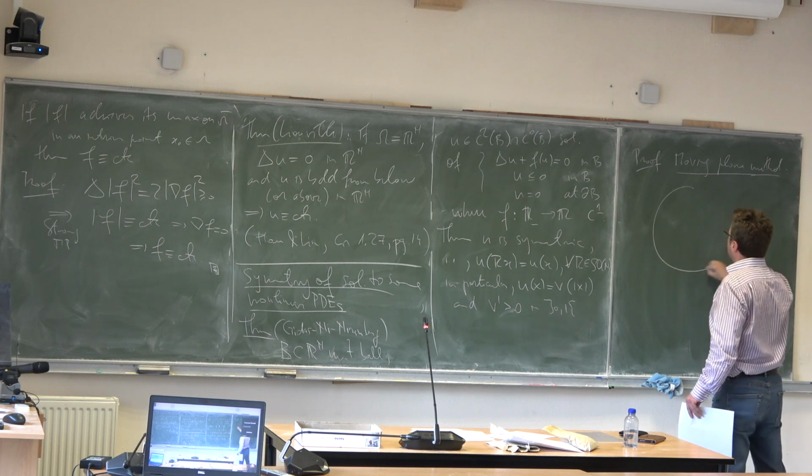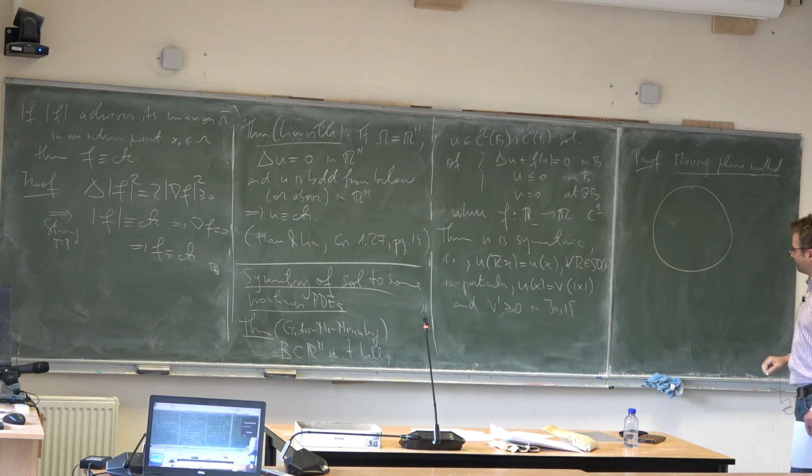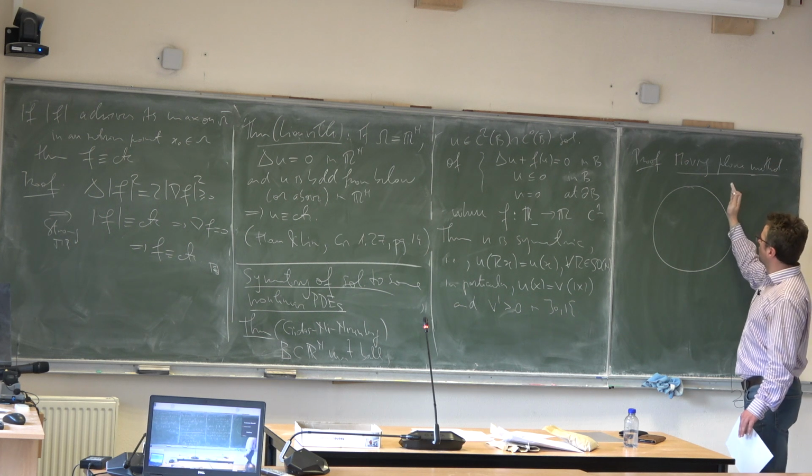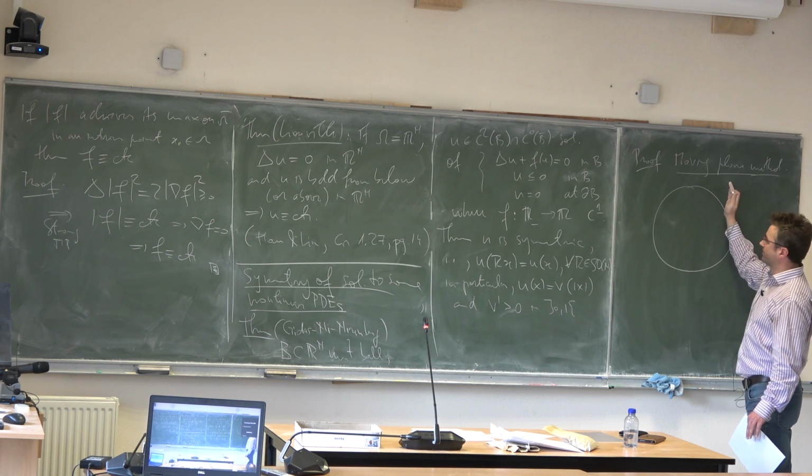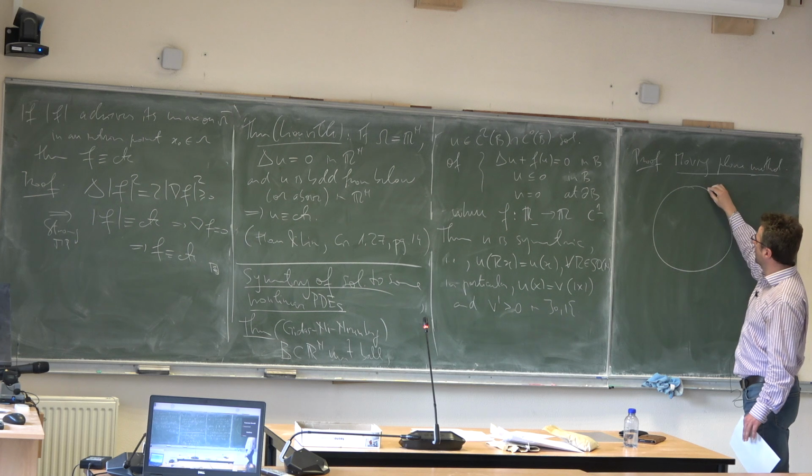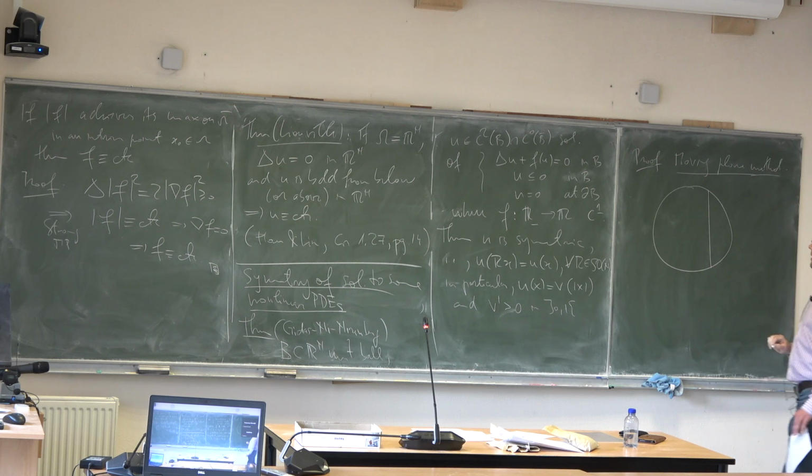So this is your ball. What you do is that you start with a hyperplane. You take a hyperplane and you go till you touch your ball, and you go a bit further. So let's say that your hyperplane is here.